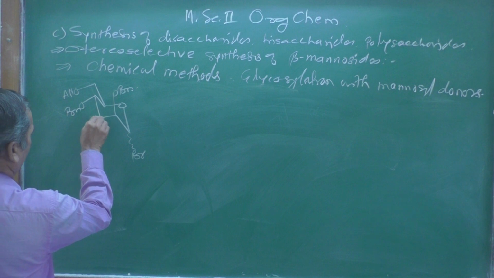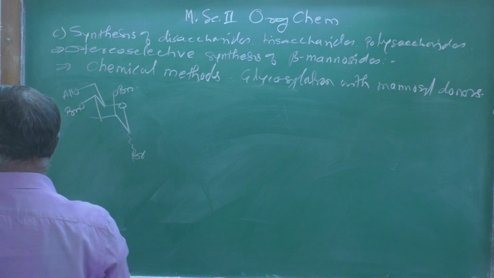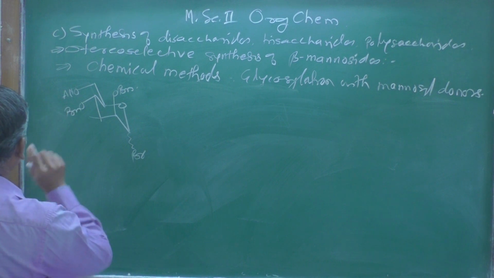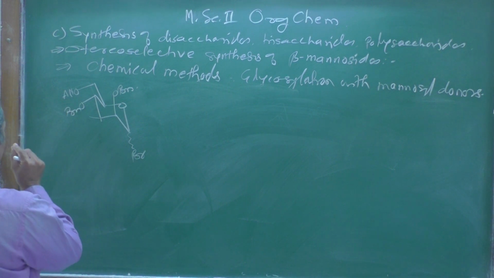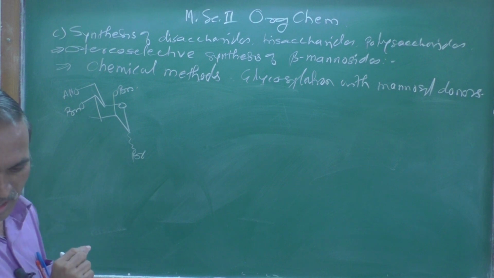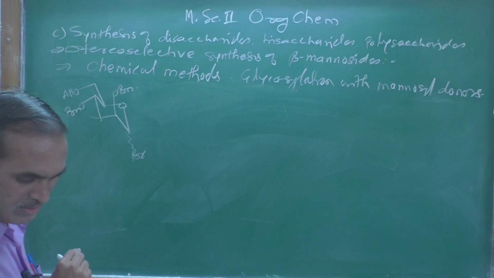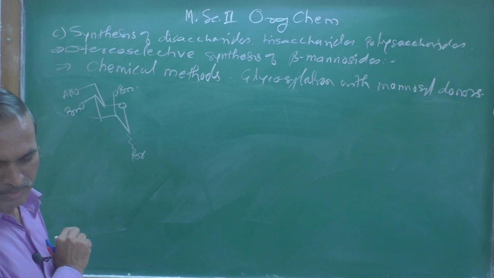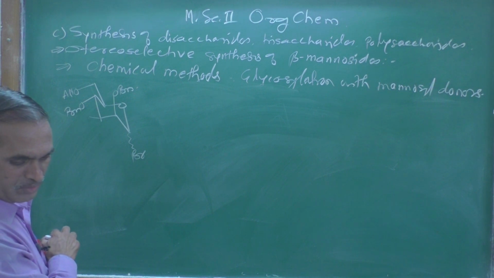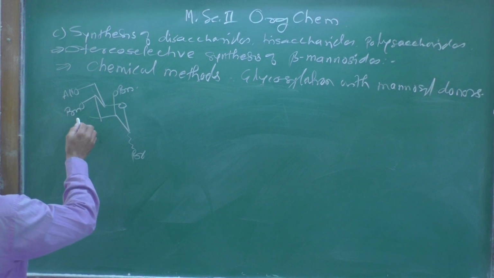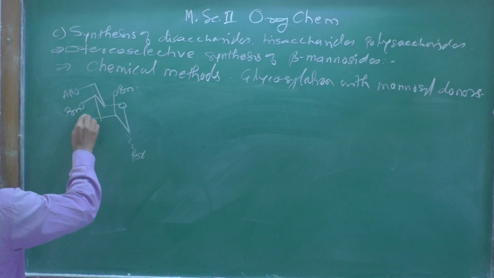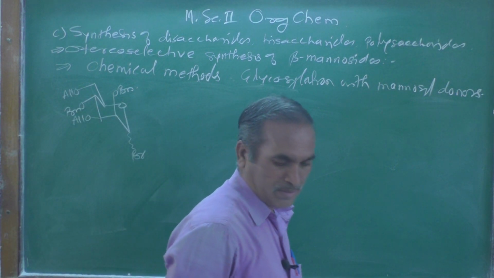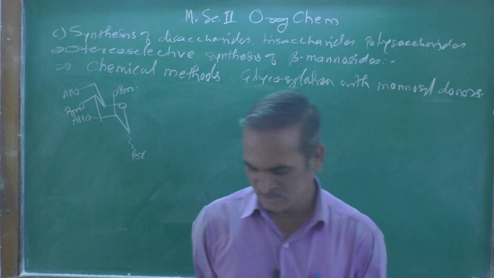And in our previous lecture we already learned that there are some common protecting groups which are used in carbohydrate chemistry, and that's why we are using those common protecting groups, because they can be easily removed under mild condition.